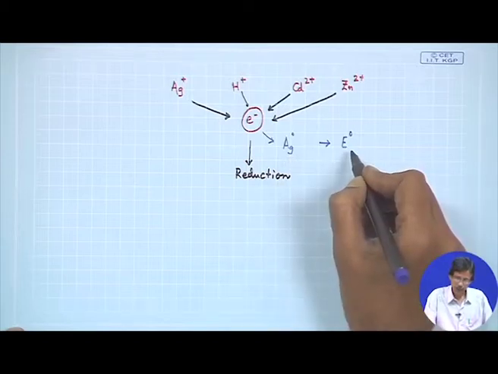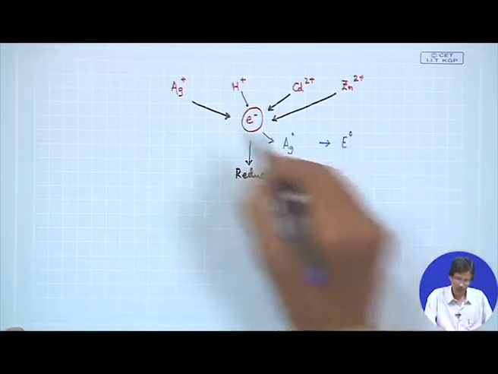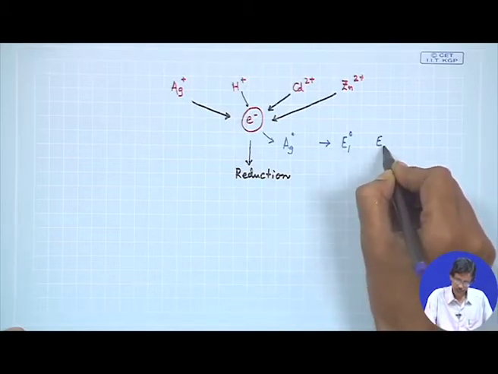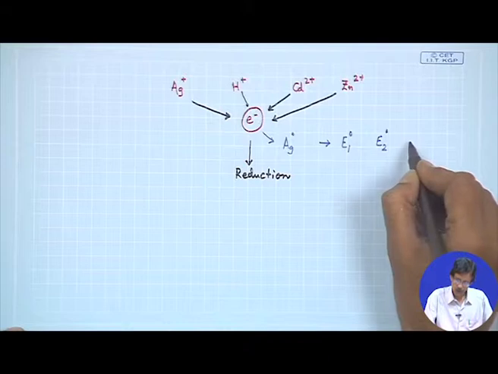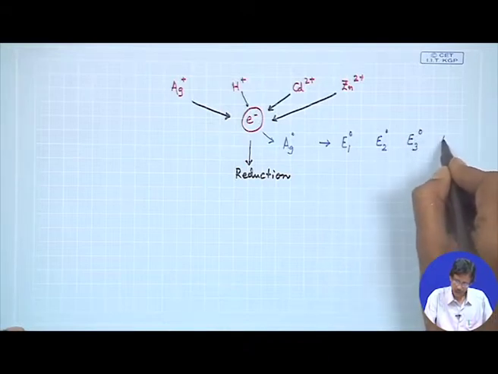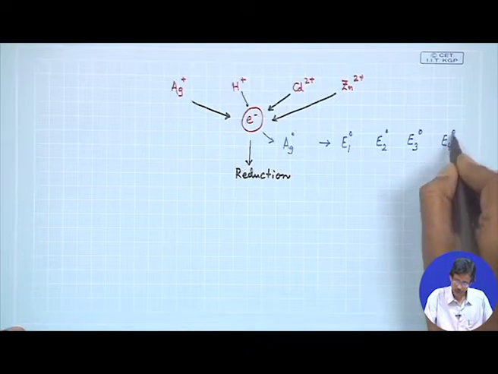So, for the first species it is E1, for the second species it is E20, for the third species it is E30, and for the fourth one it is E40.